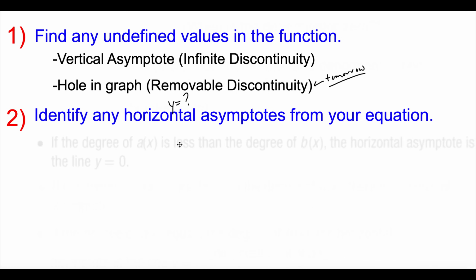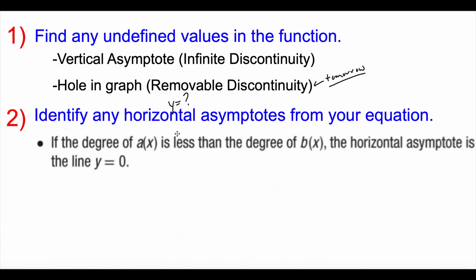Okay, so our rules. First one, so if the degree of the top is less than the degree of the bottom, the horizontal asymptote is y equals 0. Okay, this says a of x and then b of x, because normally rational functions you're going to have some function in the numerator and then some function in the denominator.